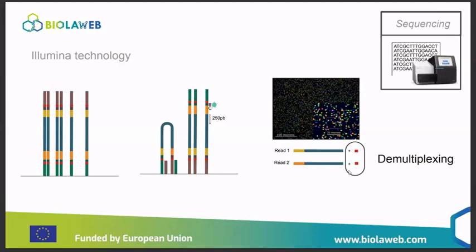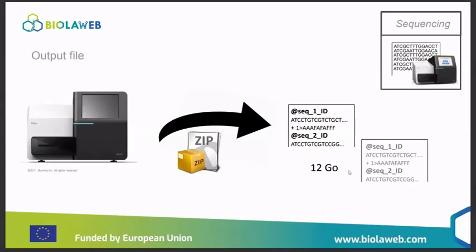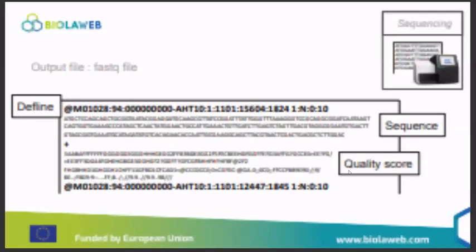It is often the sequencing platform that will do that. It's just to put the sequences back in the sample they belong to. And now you have nice text files with all your sequences. I will get into detail of what they look like.